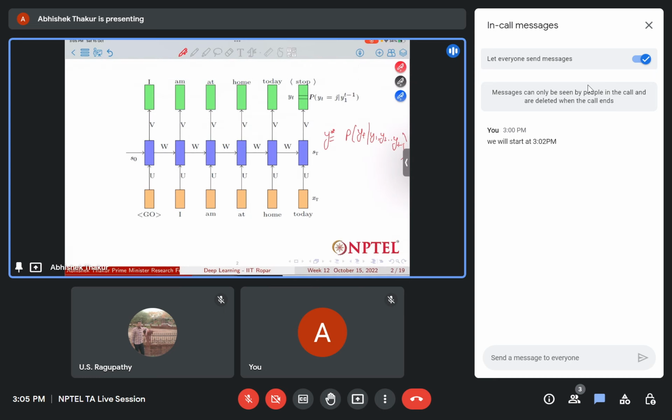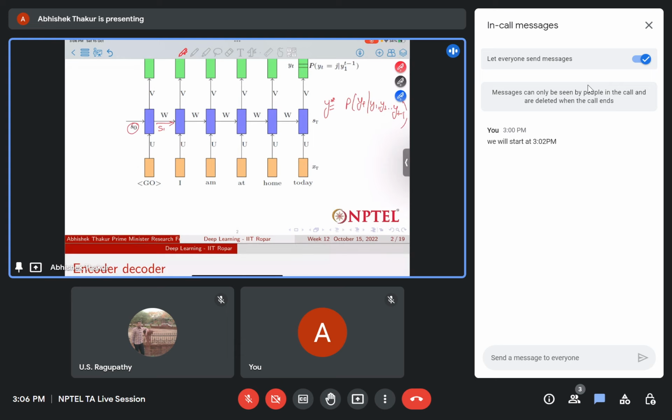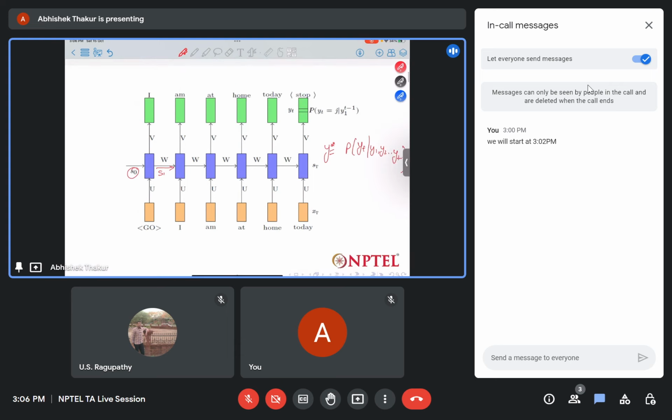Here in this diagram, it starts with the first word, and here s naught is initialized with some random value; later on we'll see the use of s naught. In the next step, s1 is given as the output and as the input to the next block, and accordingly the next word is predicted.